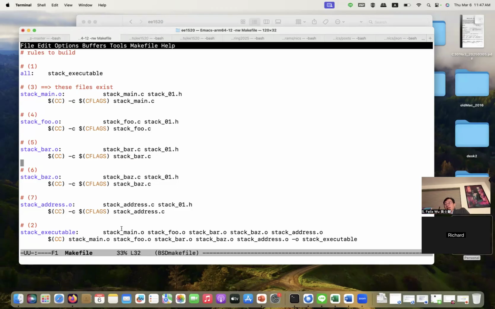And therefore, when the dependency is newer than the target, you have to trigger this particular command, which is putting all the .o files together.